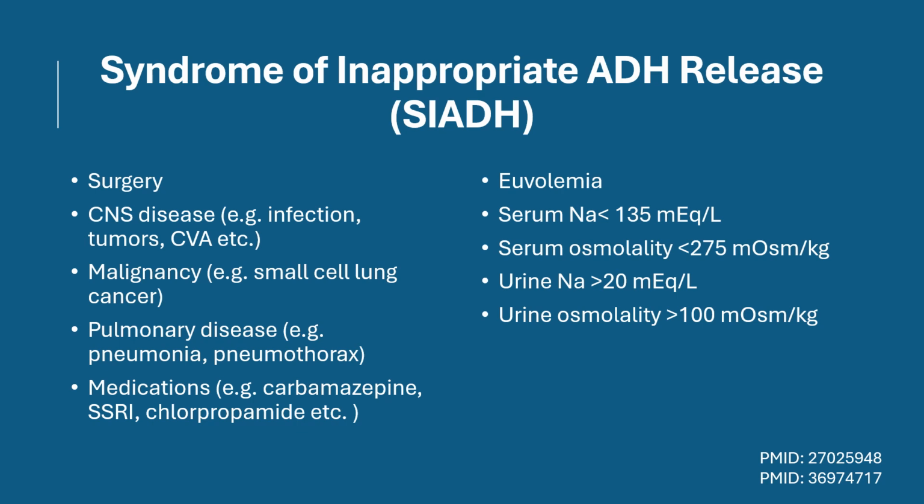Factors such as surgery, CNS disease, malignancy such as small cell lung cancer, pulmonary disease such as pneumonia or pneumothorax, and medications such as carbamazepine and selective serotonin reuptake inhibitors can all lead to SIADH. Clinically, it is present in patients who have euvolemic hyponatremia associated with low serum osmolality, increased urine sodium, and increased urine osmolality.